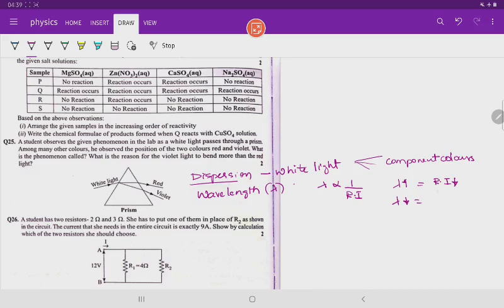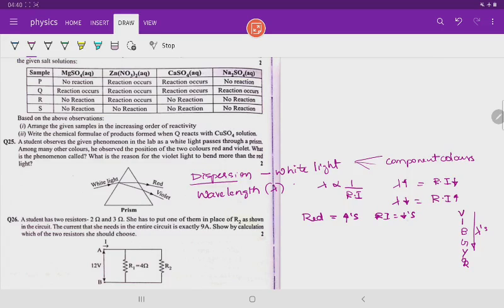If the wavelength is less, the refractive index is more. The order is VIBGYOR, and the wavelength increases in this order. Violet will have the least and red the most. So red has more wavelength, which means its refractive index is less.